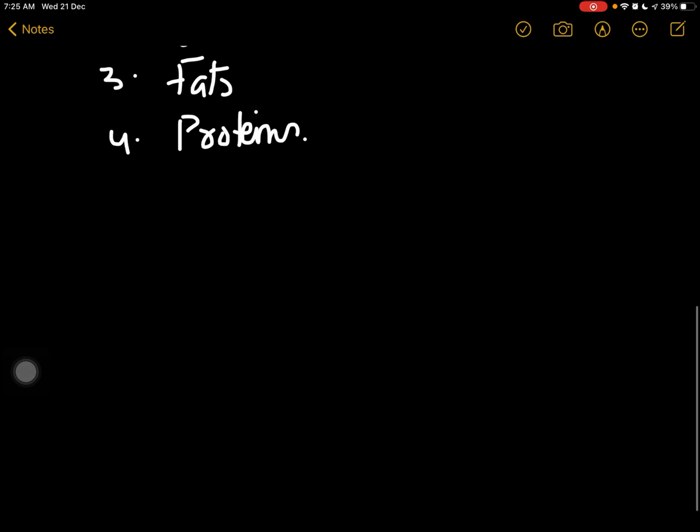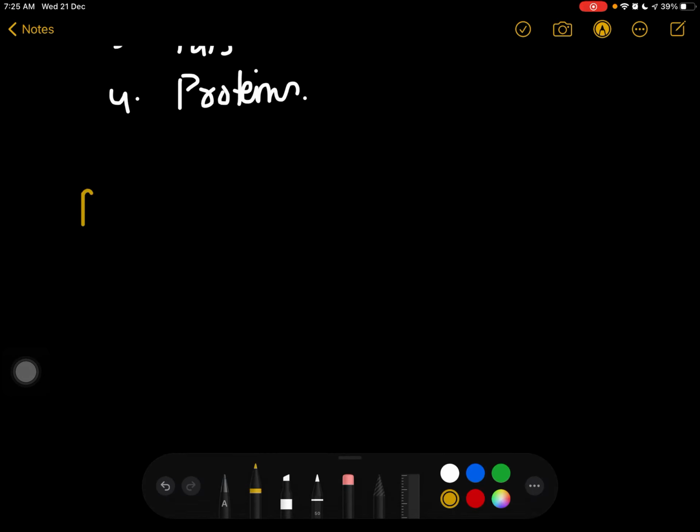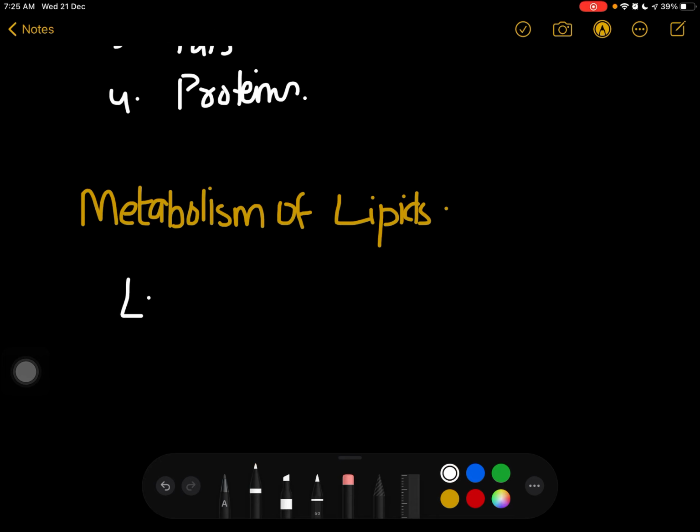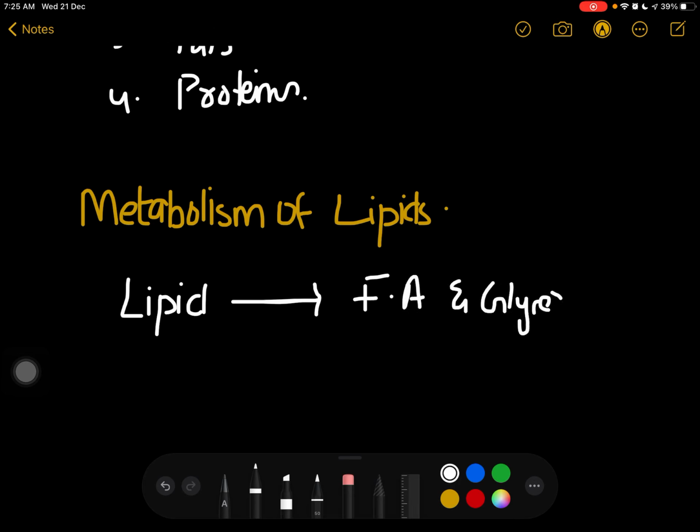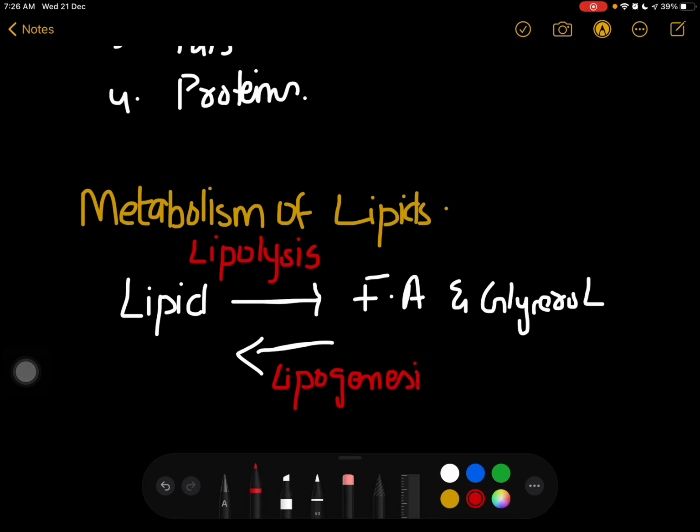Then we have metabolism of lipids. When lipid is converted into fatty acid and glycerol, this process is known as lipolysis.